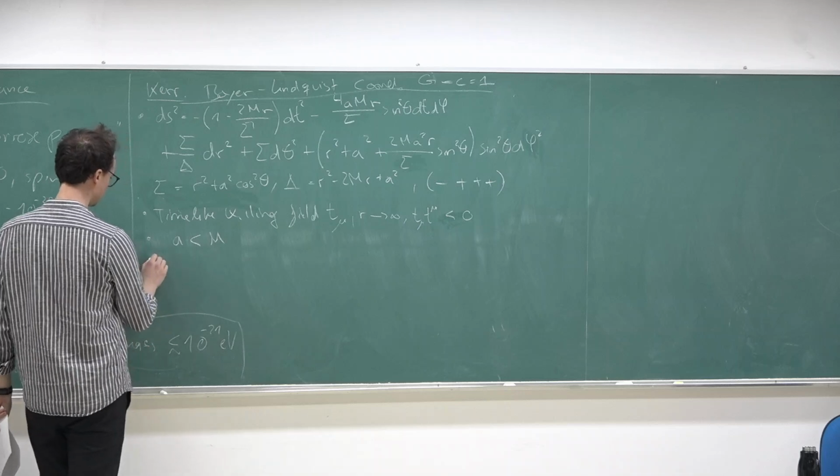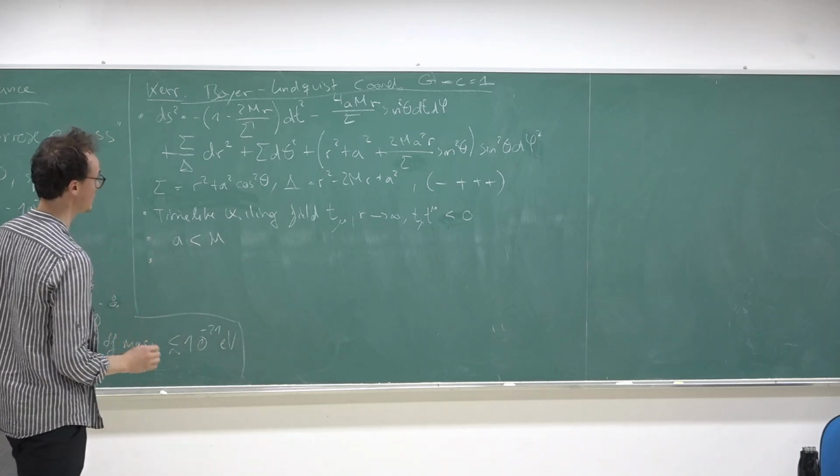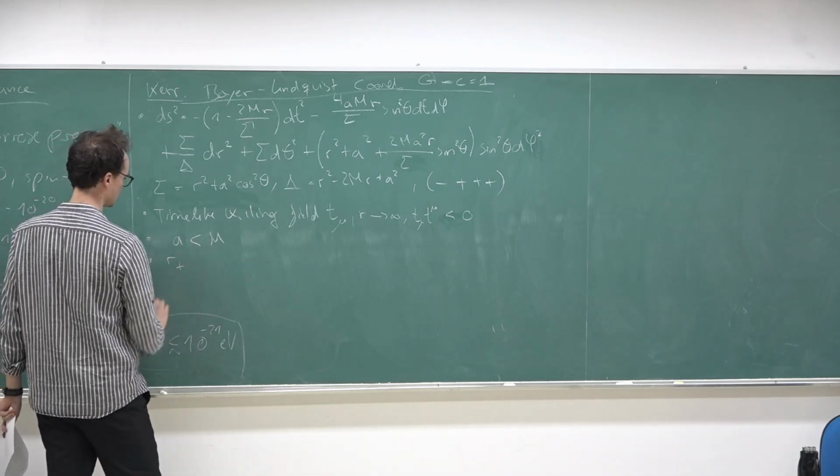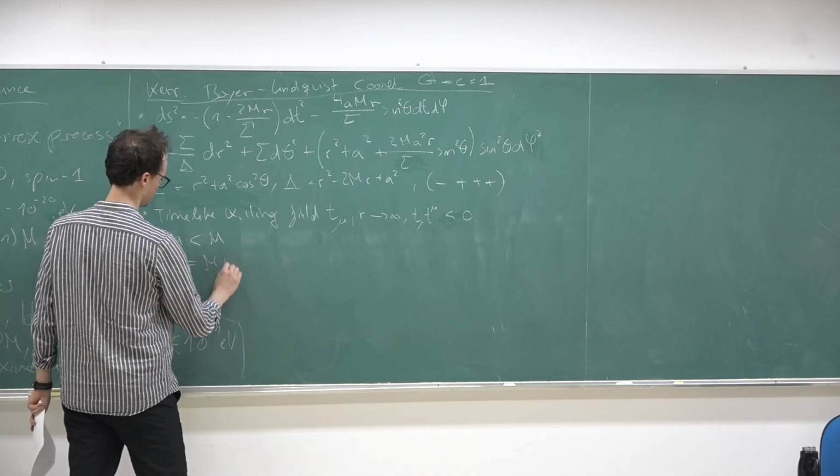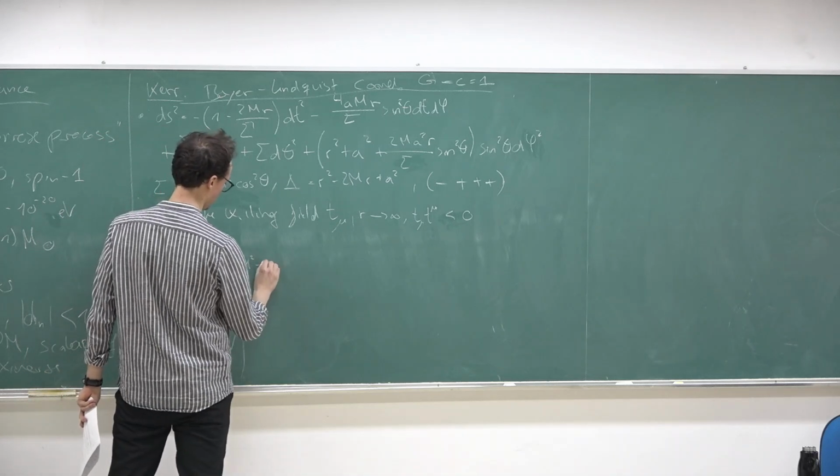Then the horizon sits at r plus, which is equal to M plus the square root of M squared minus a squared.